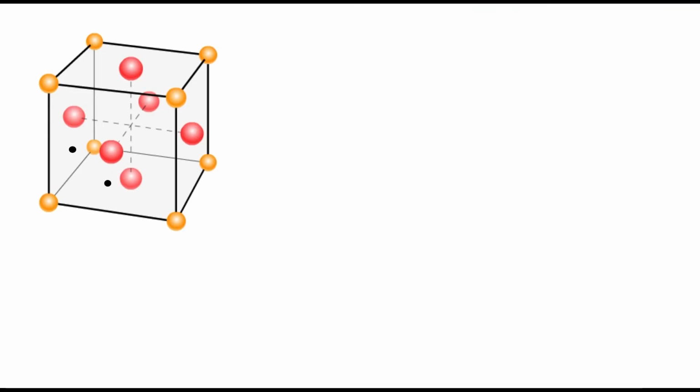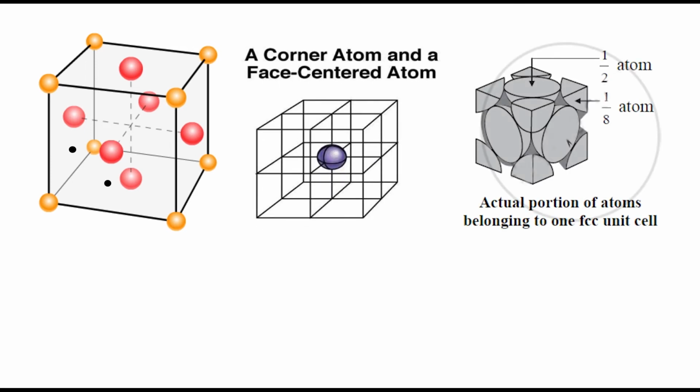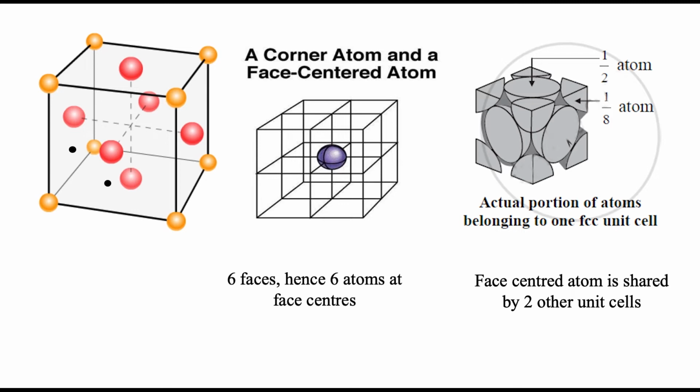Similarly, for a face-centered unit cell, there are atoms at the 8 corners which contribute a total of 1 atom to the unit cell. There are atoms at the face centers, and each of these is shared by 2 unit cells. Hence, the contribution of the atom at the face center is only 1/2. Since there are 6 faces and hence 6 atoms at the face centers, the total contribution of the face centered atoms is equal to 6 multiplied by half, that is 3.